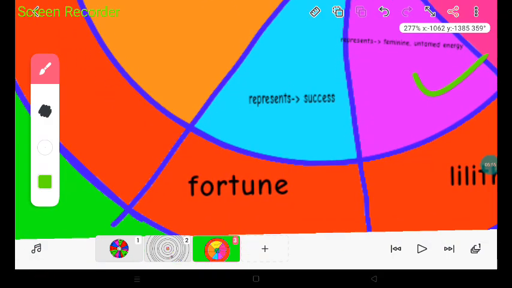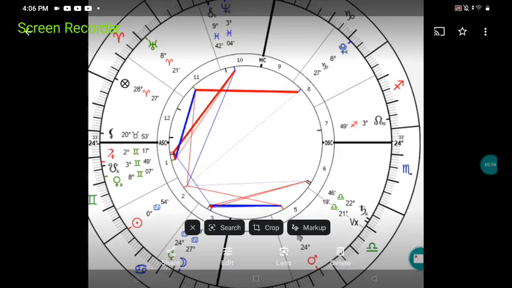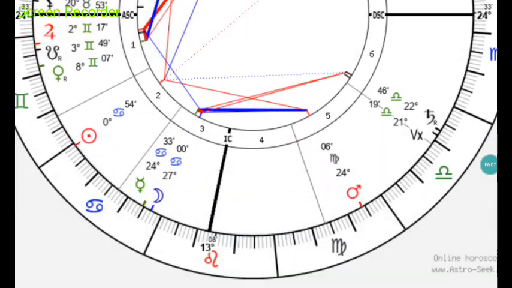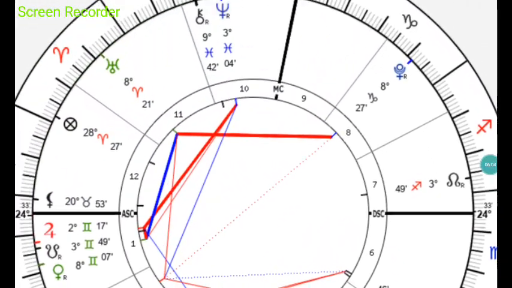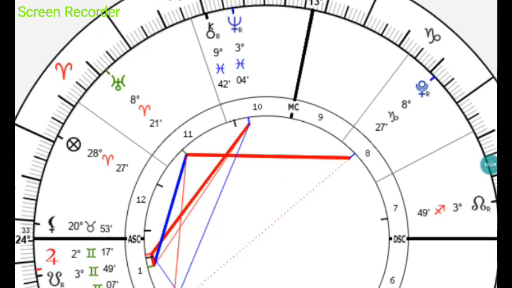Anyways, the fortune represents success. So where is the fortune in my chart? Come on. Fortune. Oh, okay. So the fortune is in my 12th house, which means I will be successful in spirituality, or I am successful in spirituality.